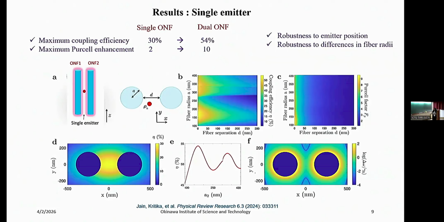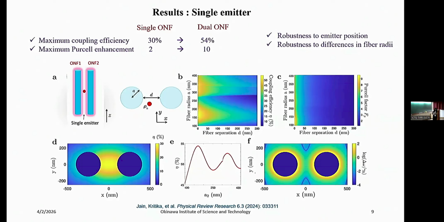And in D, I vary the transverse position of the emitter to see the robustness to the emitter position between the two fibers, and we see the efficiency remains high at most of the points. So this shows the robustness to the emitter position. And here in E, I fix the radius of one fiber and vary the radius of the second fiber.